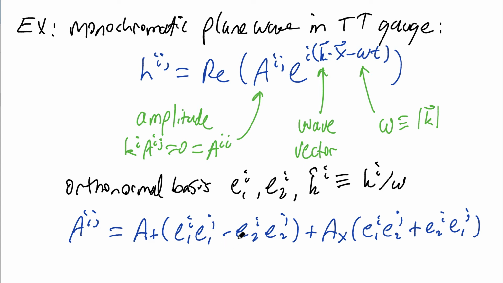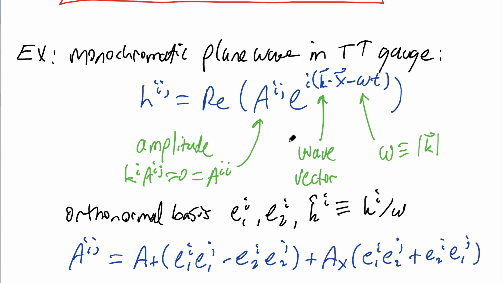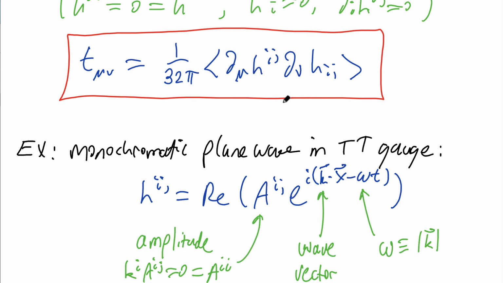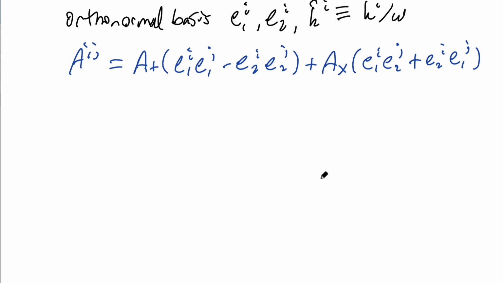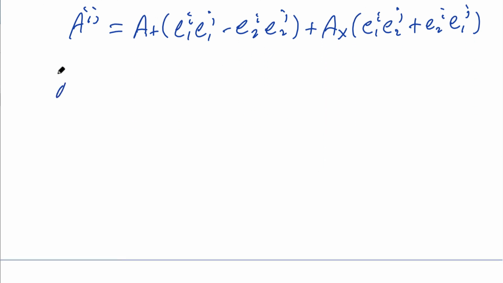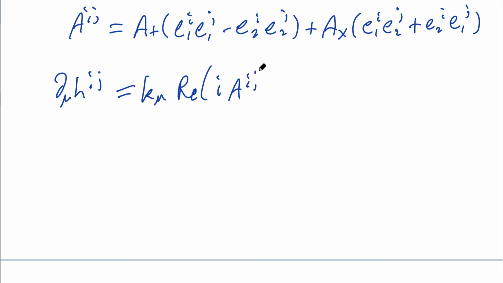Now let's compute the stress energy momentum tensor for this wave. We'll need to compute the derivatives of Hij with respect to t and xyz, and when we do that, we'll bring down a factor of either omega or k vector. In fact, it's easy to see that the derivative of Hij can be written as k mu times the real part of i times Aij e to the i k dot x minus omega t.